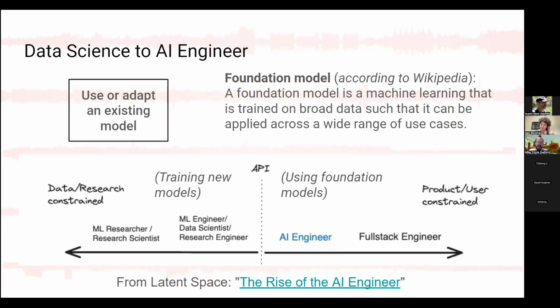So let's go through each one of those steps with actual examples. I've alluded to this, but I didn't really define what a foundation model is when I mentioned it before. A foundation model is a machine learning model that is trained on a broad, gigantic set of data, such that it can be applied across a wide range of use cases.